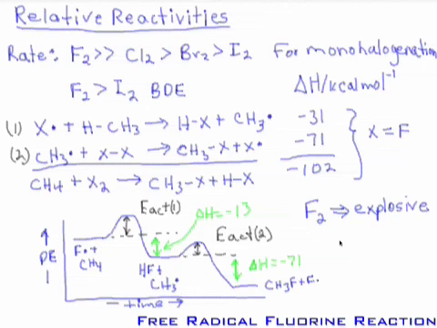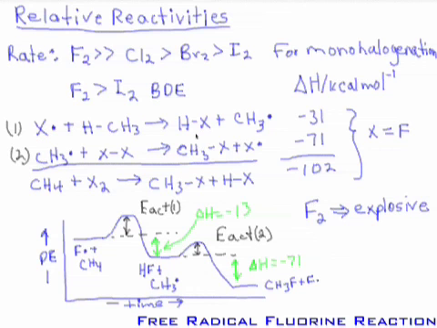They are extremely dangerous because the amount of heat energy given off can allow the reaction to get out of control. The only way to safely run an F2 reaction is to use a noble gas such as helium or neon, a noble gas that F2 will not react with, and to dilute the F2. So that the reaction is slowed down. You reduce the probability of collision and try to keep the system cool and try to keep the reaction under control, but it's extremely dangerous.